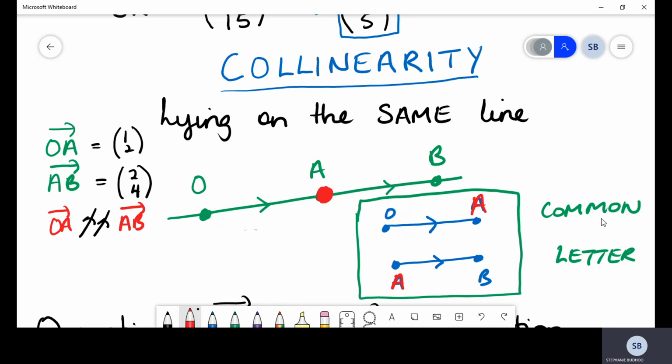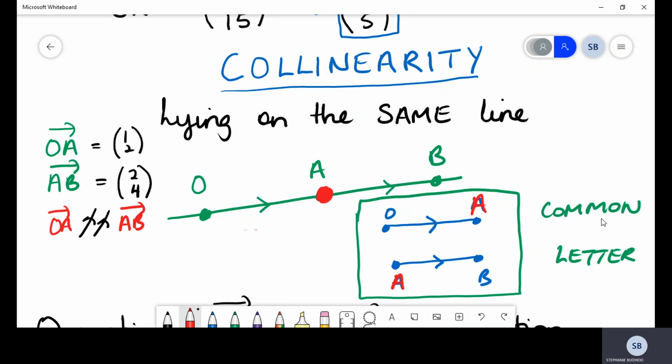That way, the vectors are definitely parallel to each other. As you can see, all segments of a line would be parallel to each other.